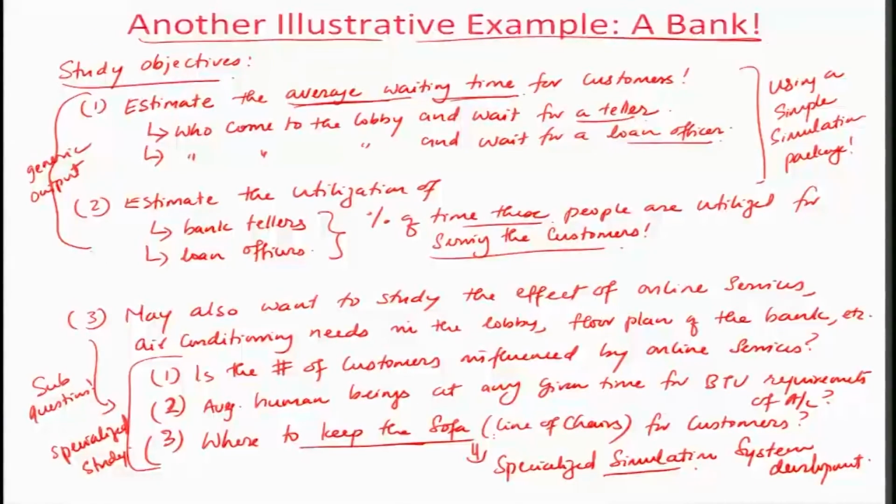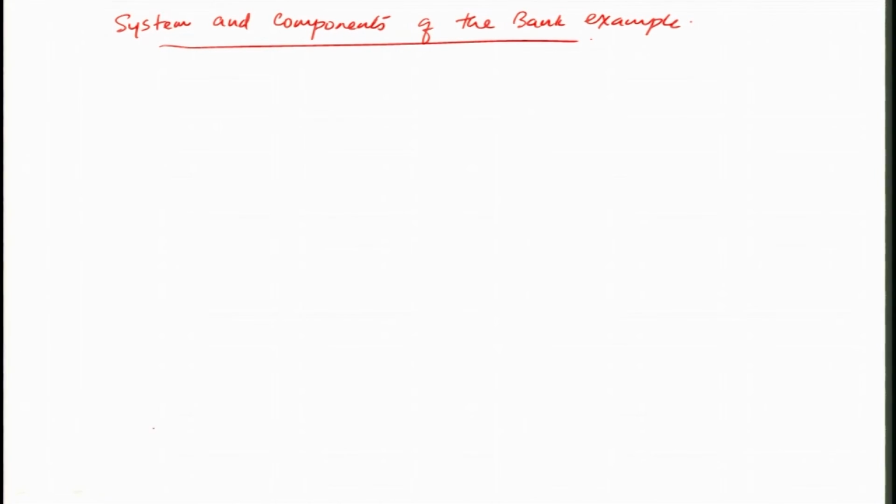Okay. So, with that, now let us take a look into the various systems and components of the bank example. What is the system of study here? It is banking.